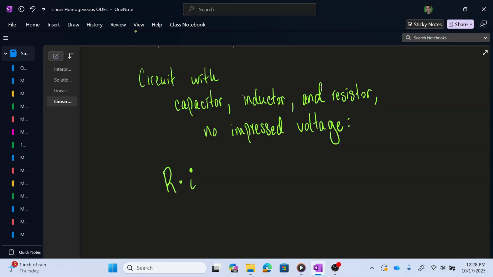We know that there's going to be a voltage drop coming from the inductor with a magnitude of L times the derivative of the current over time. And we also know that there's going to be a voltage drop coming from the capacitor with a magnitude of 1 over the capacitance times the charge. And if there's no impressed voltage, then all of these combined will equal 0.